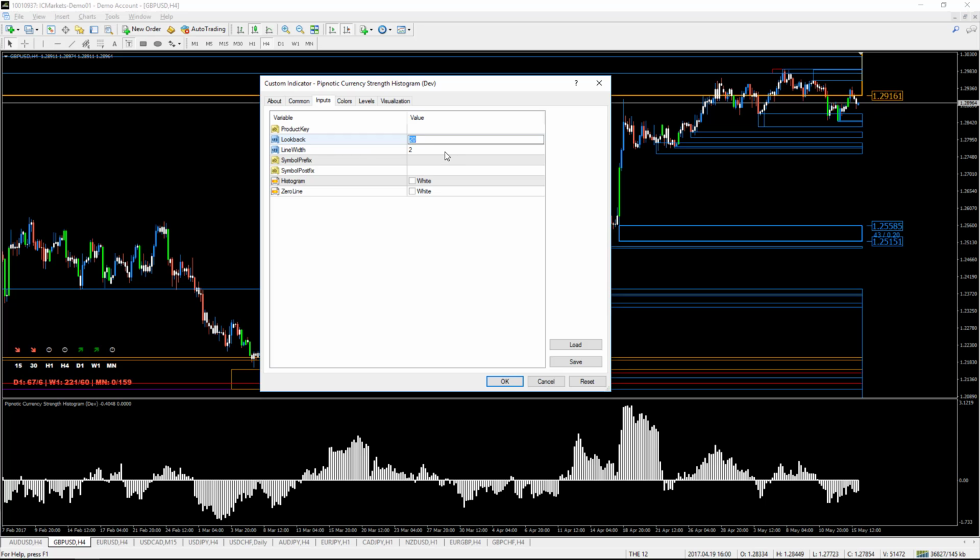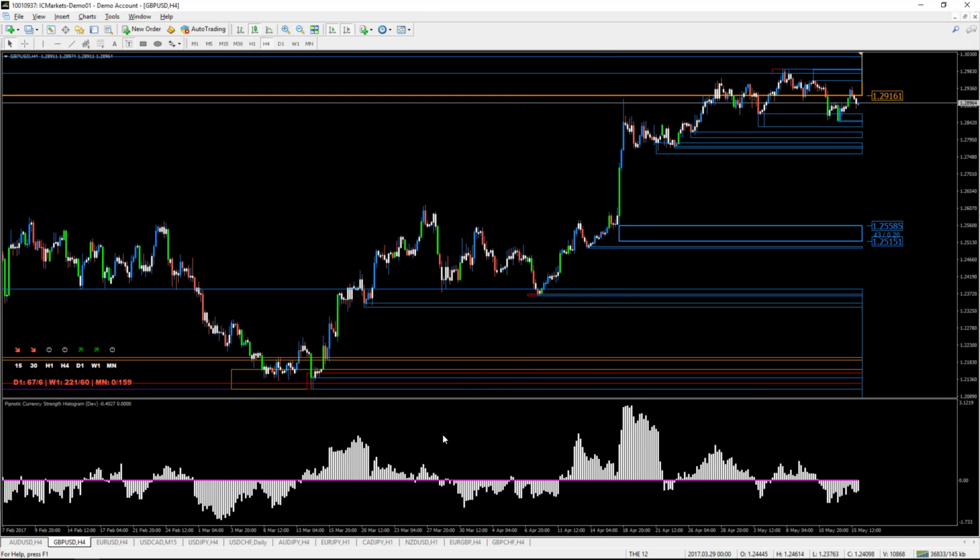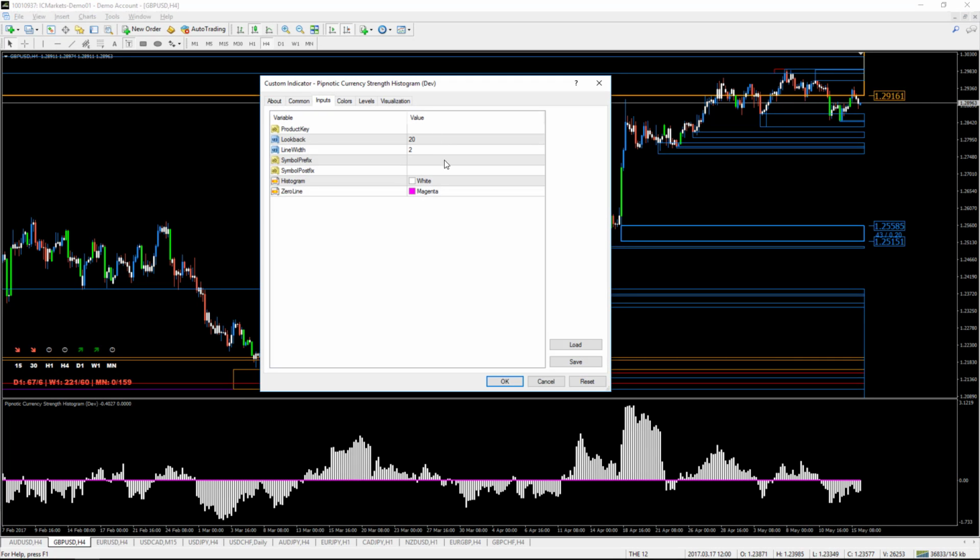We have line width, which simply specifies the thickness of these lines. Again, we have the symbol prefix and postfix as on the text version, and then we have the colors, histogram and zero line. If you want to change the zero line to, for example, magenta, then the line there will turn magenta. That's pretty much it. There's nothing really too crazy going on here, and the configuration is very, very simple, again, to keep things as simple as possible.